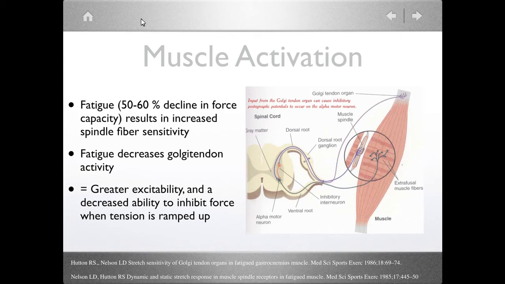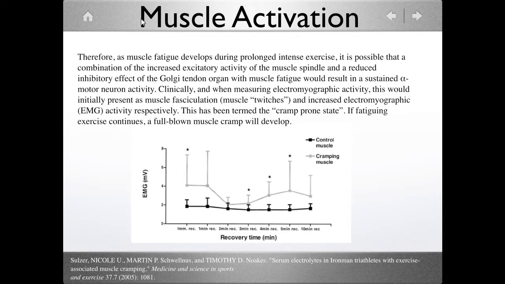So you have greater excitability from the increased spindle fiber activation or sensitivity, and a decreased ability to inhibit force when tension is ramped up. The result is cramping. If you look here, what you're seeing is that the cramping muscle has higher EMG activity than the non-cramping muscle. Again, this indicates a neural effect.